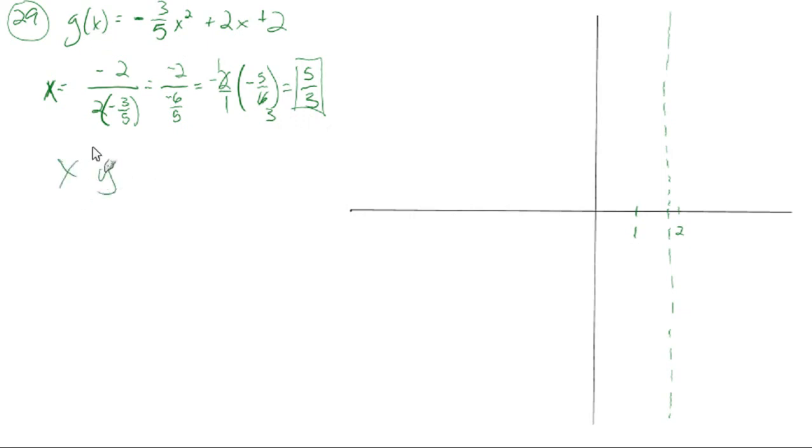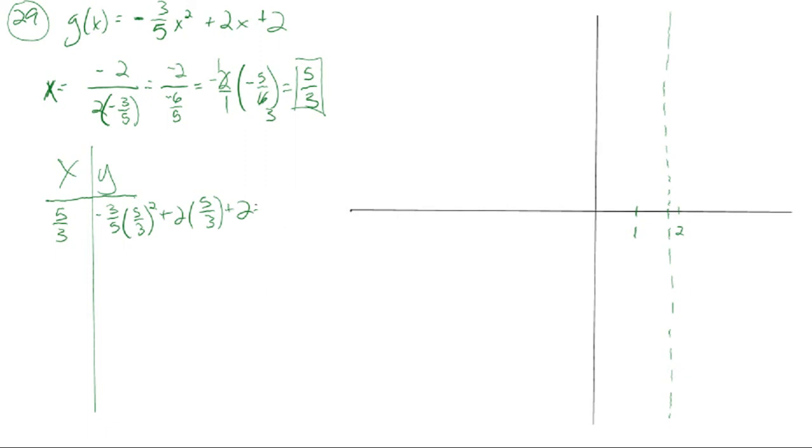So x and y. Okay, so this x value we're going to plug in is 5/3. So we've got negative 3/5 times 5/3 squared plus 2 times 5/3, plus 2.